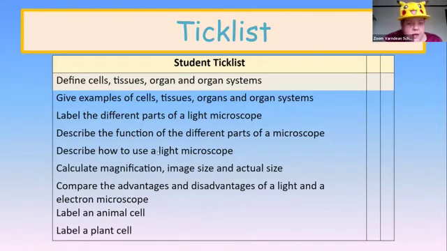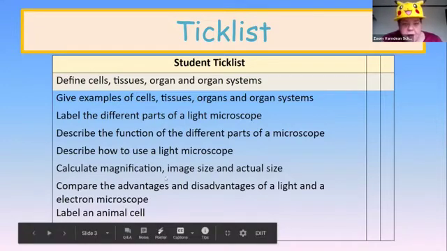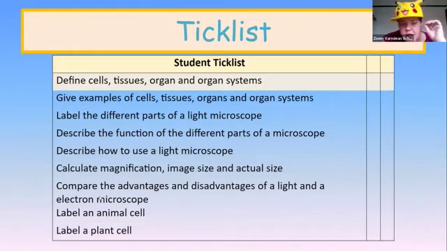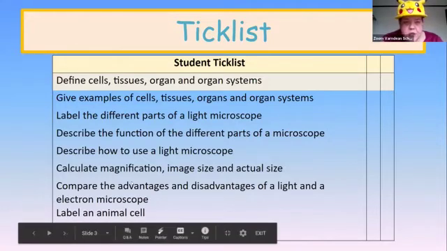Again, I know from my class that you were all really good at describing how to put the specimen on the slide, use the coarse focus dial to move it, then the fine focus dial. So you're all awesome for that. Then you need to be able to do the calculation and then comparing the advantages. And then there are some other bits: labeling the animal cell, labeling the plant cell, naming the specialized cells, saying what the different bits do. So there's slightly more than this.